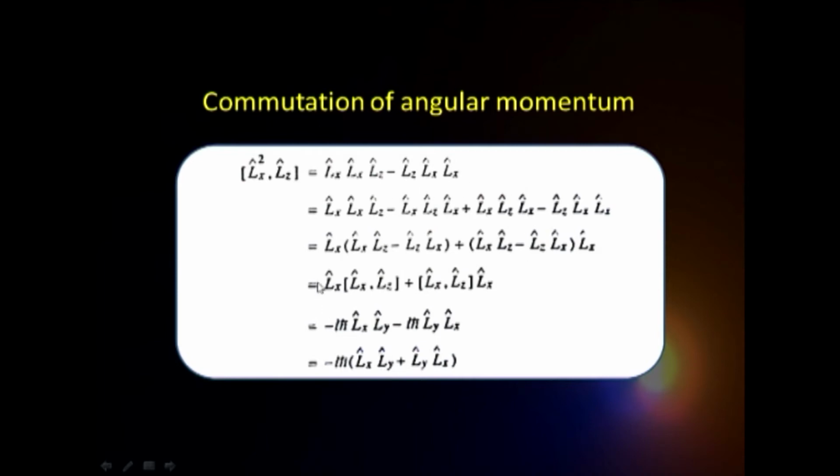So, depending upon the expansion, I am going to have a term L_x L_z, then L_x L_z, these two terms are there, and because they commute, I am going to have a term minus i h cross L_y, and similarly I am going to have minus i h cross L_y, and the terms can be taken together with common minus i h cross. So, the two terms which remain inside can take you to another term that is minus i h cross L_z, if we wish to do it further.